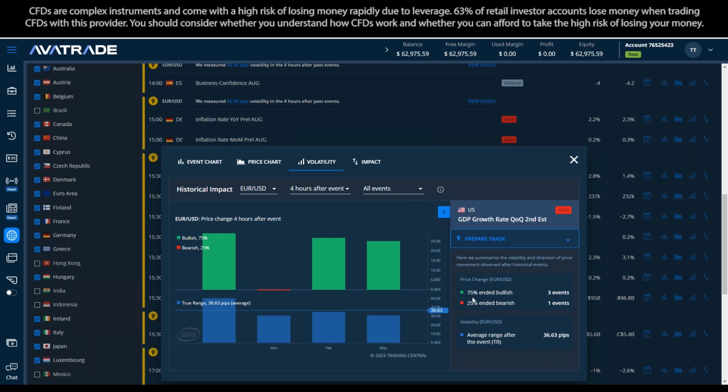In general, the Euro USD I found to be pretty stable in terms of percentages with the past data and distance movements. If we start looking at GBP USD, the distance movements tend to be larger in pips range movement after the announcements, but the percentages tend to be closer to 50-50.